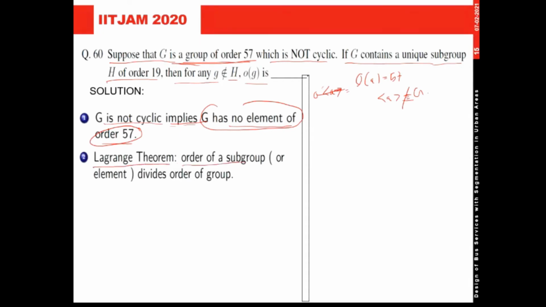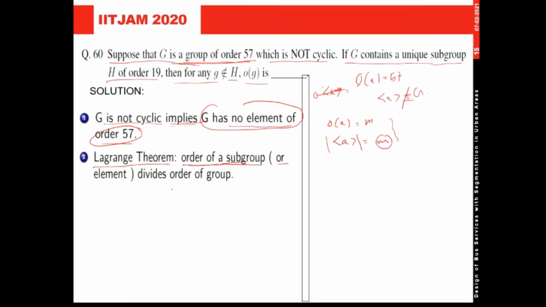I'm not stating the exact theorem, but this is the idea: the order of a subgroup, or of an element. Why element? Because if the order of a is equal to some m, then the cyclic subgroup generated by a must have order m. So if a has order m, then G has a cyclic subgroup of order m.